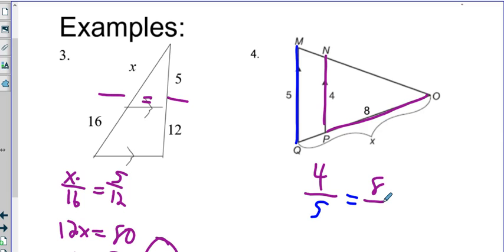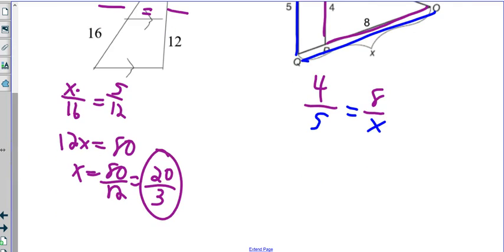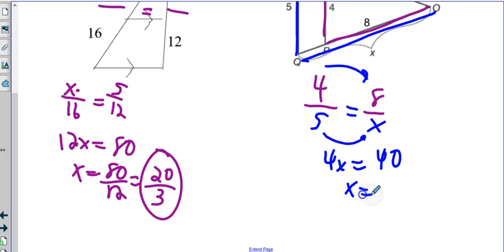And this x goes with 5 on the bottom. Now we just solve. Now some of you might see right away, oh, this is just double times 2. So this is going to be 10. If you see that, shortcut, you're done. Otherwise, it's 4x equals 40. Divide by 4, x equals 10.